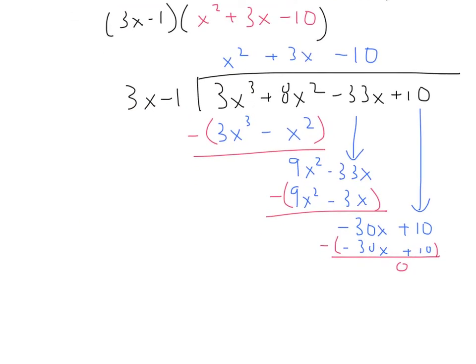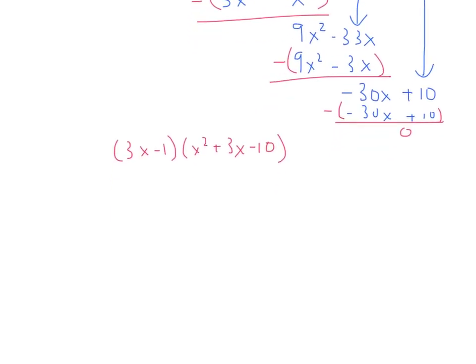The first part of our factorizing is that if we factored 3x cubed plus 8x squared minus 33x plus 10, we would get 3x minus 1 times x squared plus 3x minus 10. Okay, but let's just make sure there's nothing else we can factor.